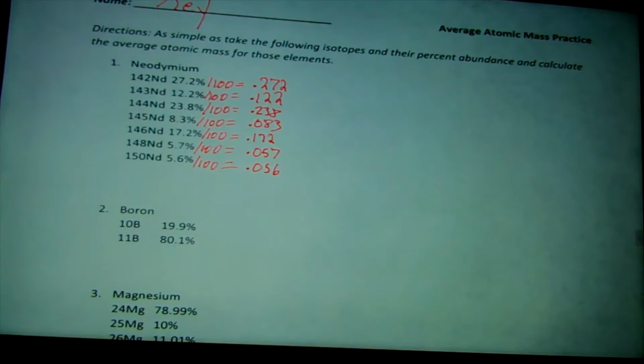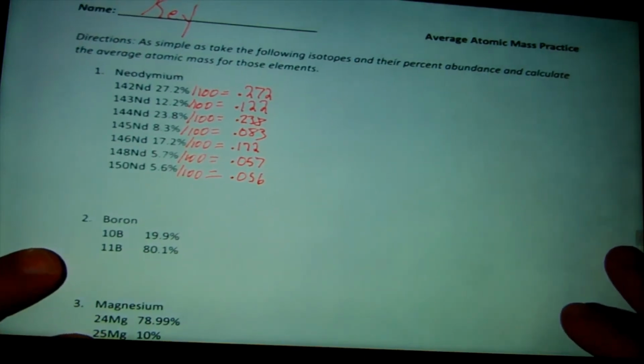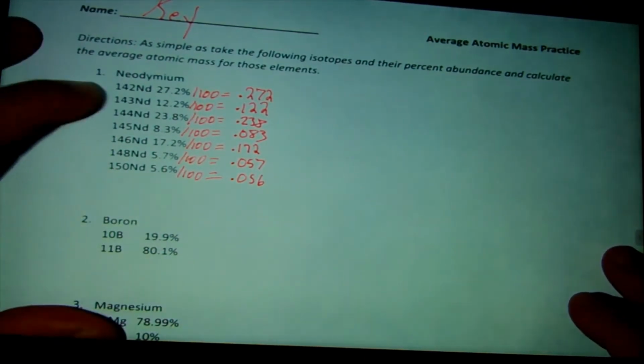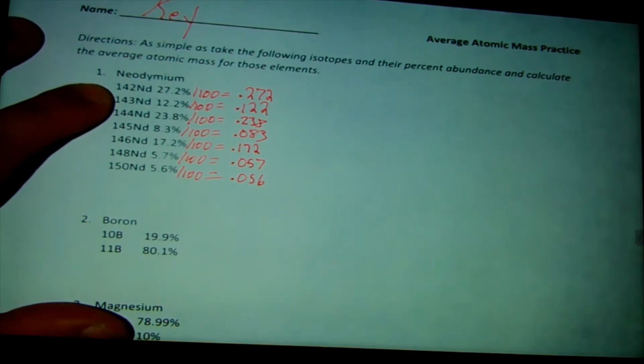I know this looks very, very long and pointless, but I am going to write it out just in case you need it. So I'm going to start here and work my way down.